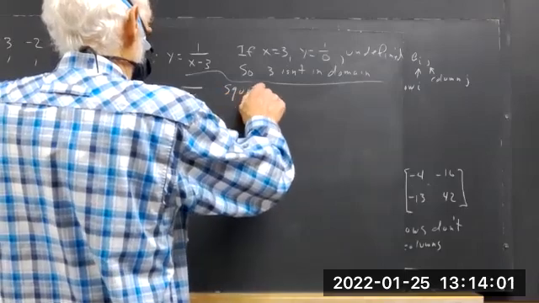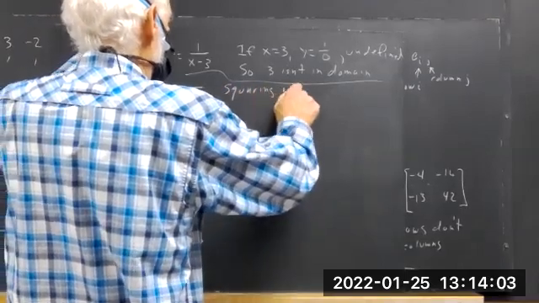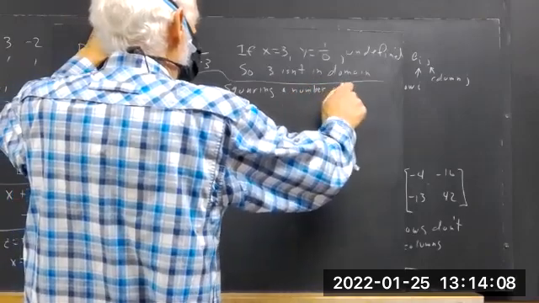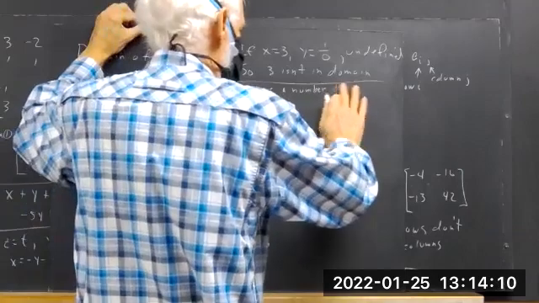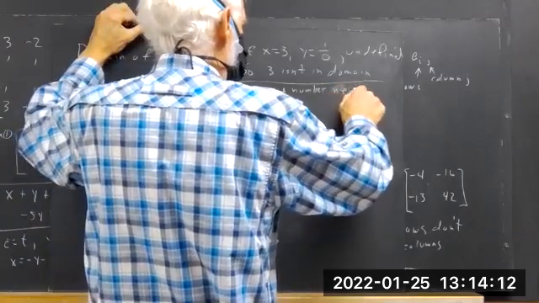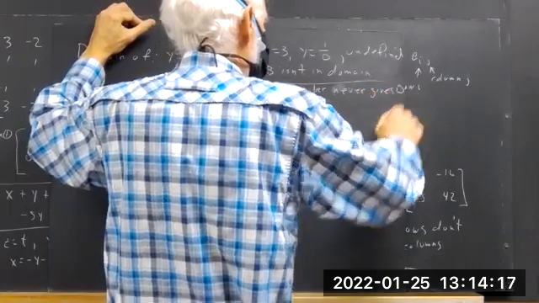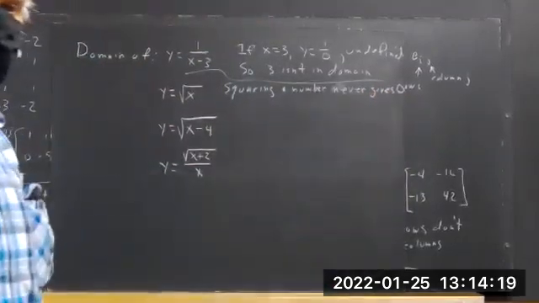I'm going to say squaring a number never gives us 0.